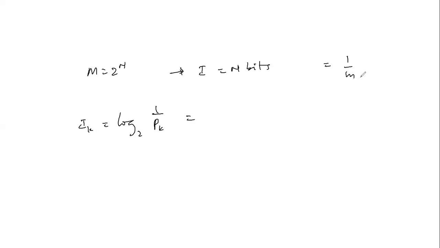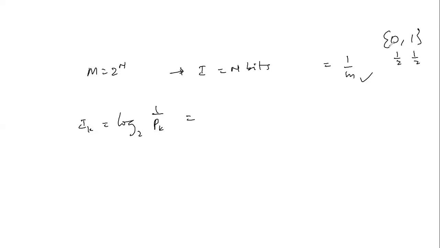Since they are equally likely, it means that all the elements in the distribution have the same probability of occurrence. So let's assume we have 0, 1 elements in this distribution. If they are equally likely, then both of them have the probability of 1 over 2, 1 over 2. Because by the law of total probability, the sum of the probabilities of all of these elements should be equal to 1.